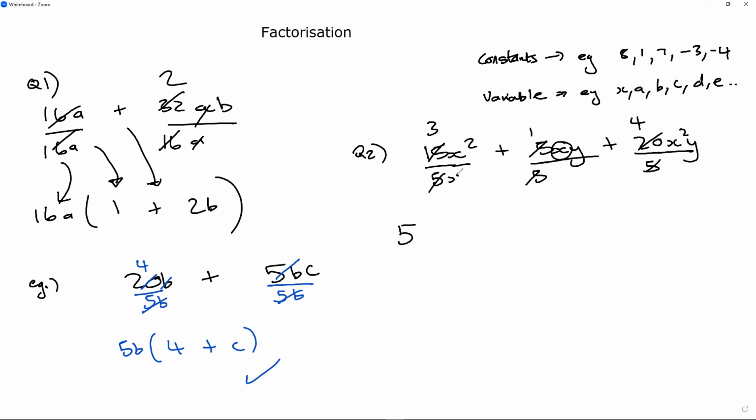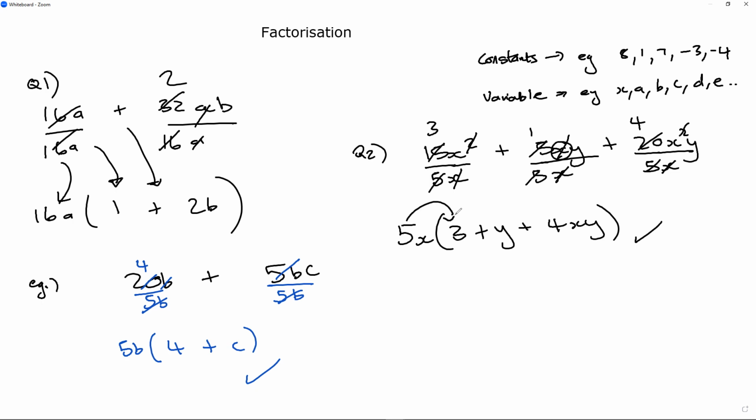So I'm going to divide each of them by x and take that out, and I'll be left with 3x plus y plus 4xy. And I'm done.